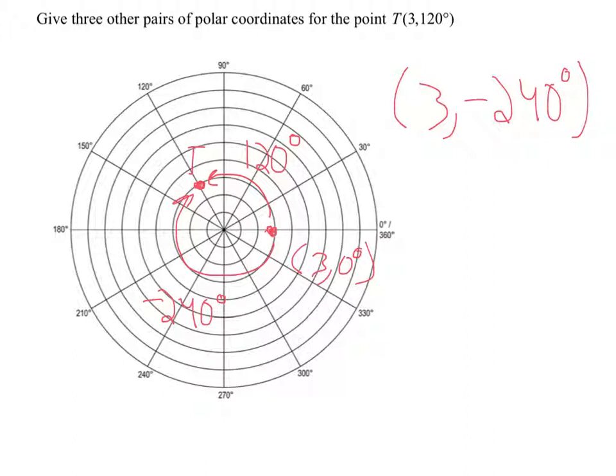What I'd like to look at now is, what if instead of changing theta, we changed the R value to negative 3? So now let's start at negative 3 comma 0, which would be right over here.